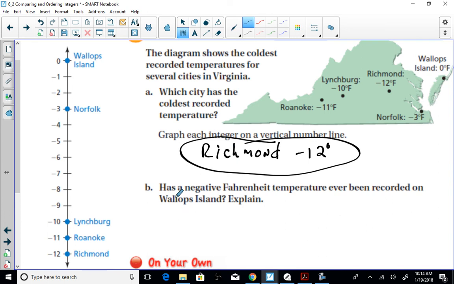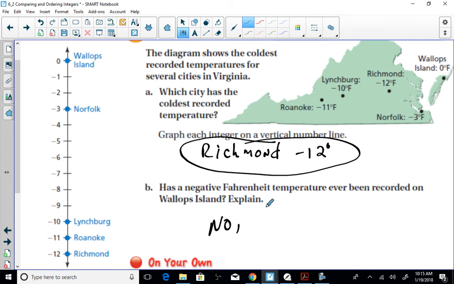Part B says, has a negative Fahrenheit temperature ever been recorded on Wallops Island? And we see that on Wallops Island, the coldest recorded temperature is 0. So has a negative Fahrenheit temperature ever been recorded on Wallops Island? No, it has not.